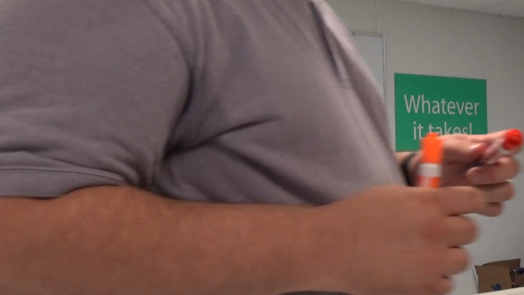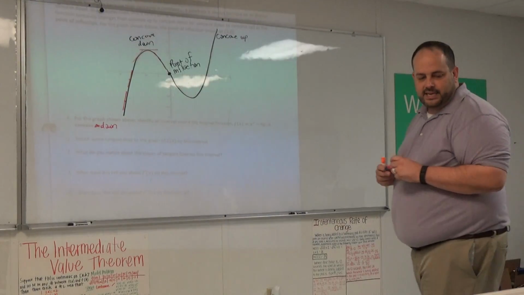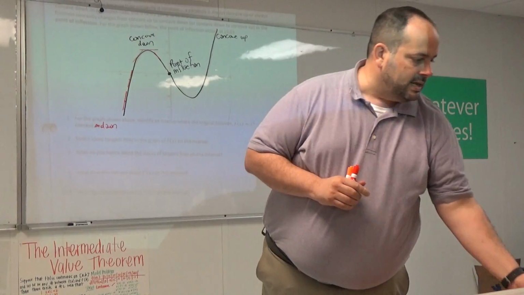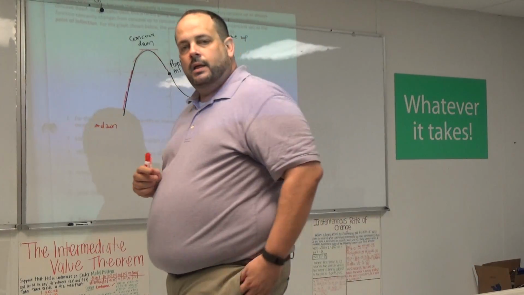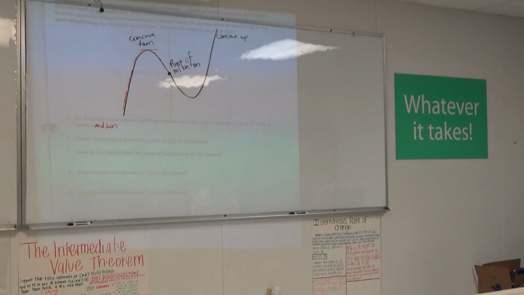All right, we've got some nice curves, we've got some nice tangent lines. What I'm interested in here is things that you're noticing about the slopes of the tangent lines. What are we noticing about the slopes? I'll take anything from anybody here.